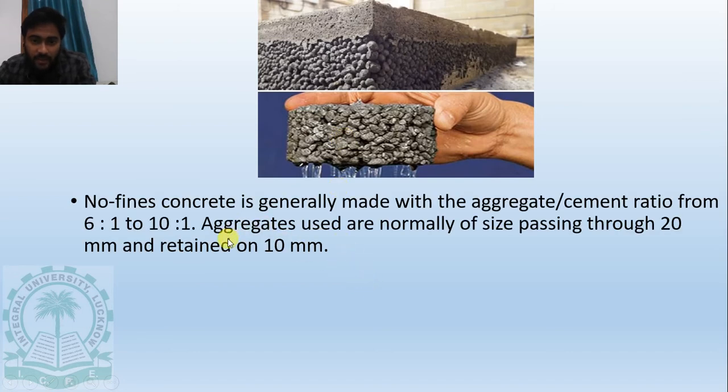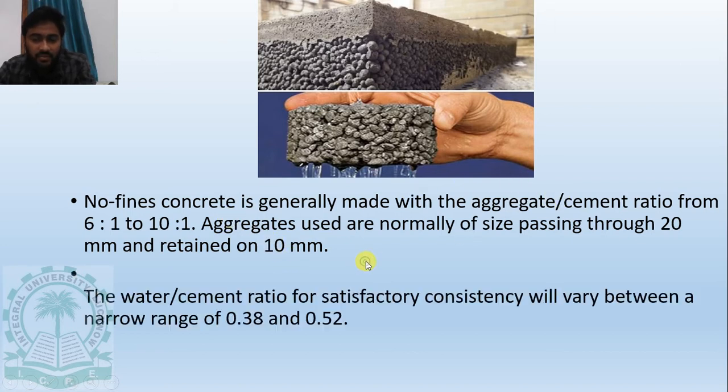As I told you, aggregates usually pass through a 20 mm and are retained on a 10 mm sieve. Then we have the water cement ratio, which also has a narrow range, varying from 0.38 to 0.52.